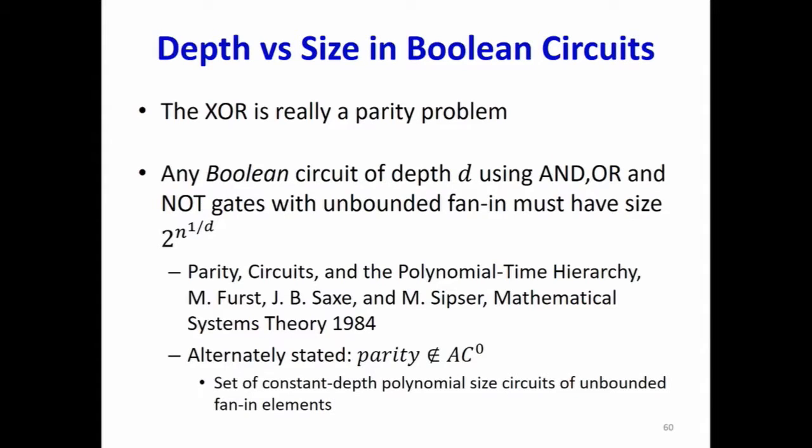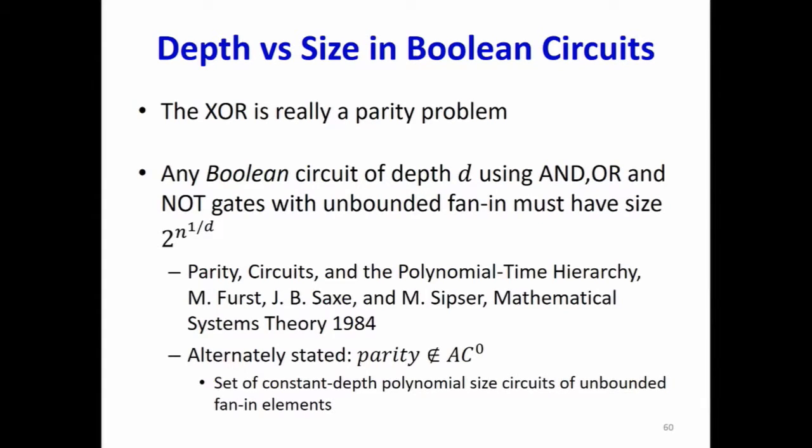It turns out any Boolean circuit of depth D, which uses only AND, OR, and NOT gates with unbounded fan-in, must have a size of 2 raised to n raised to 1 over D in order to compute parity.